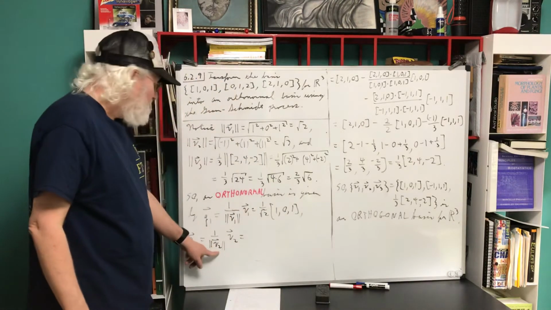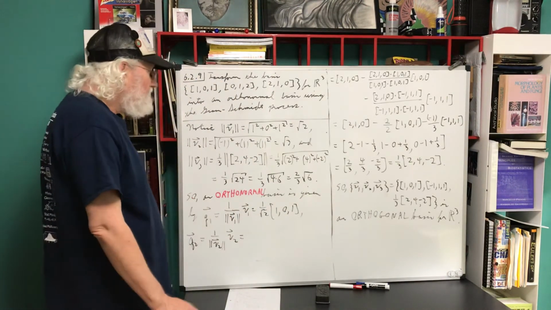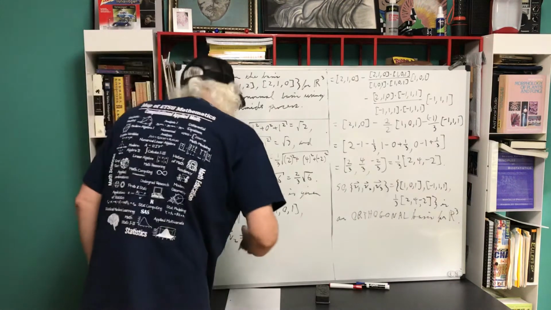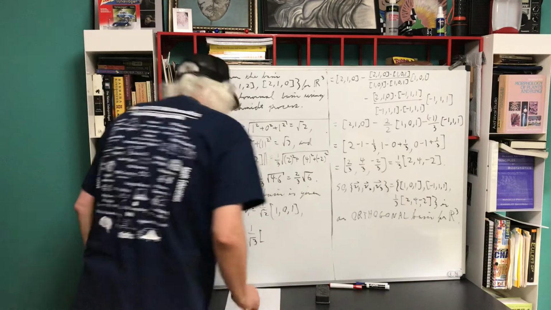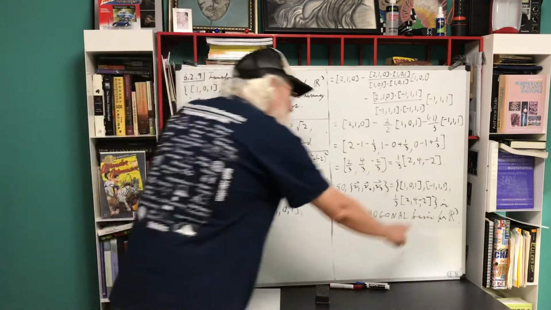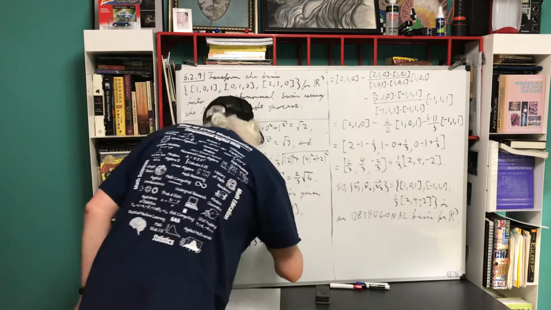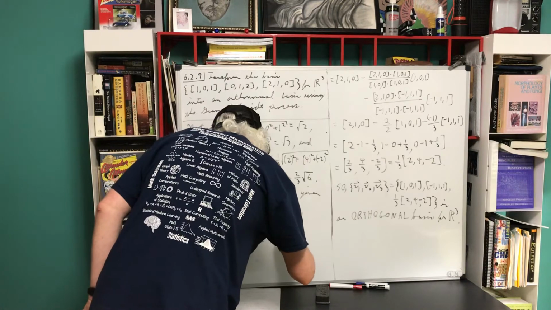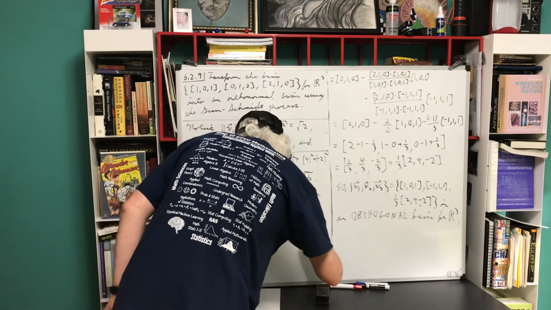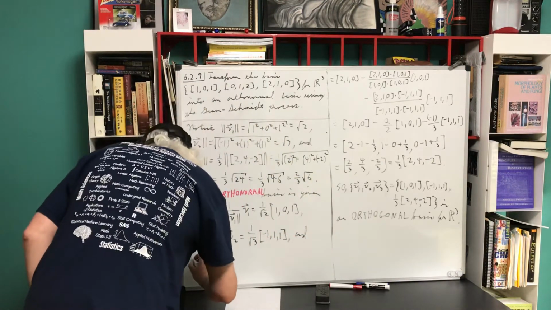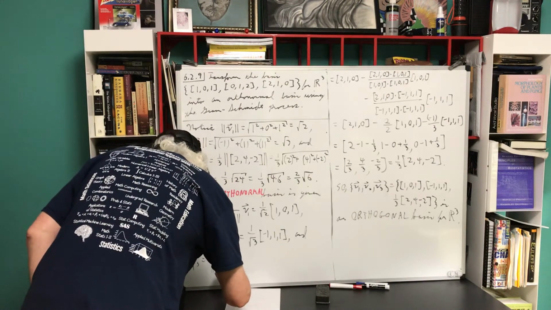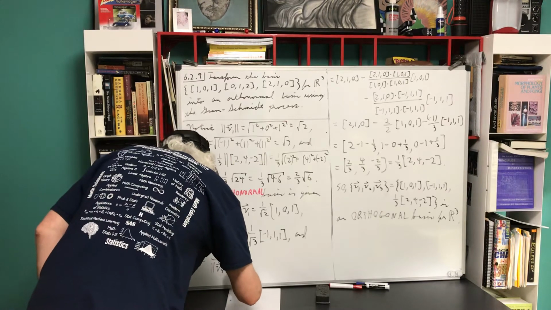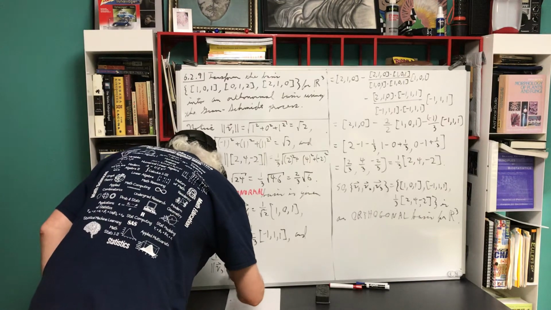That is 1 over the magnitude of v sub 2 times vector v sub 2. V sub 2 had norm square root of 3. V sub 2 was negative 1, 1, 1. And q sub 3 would be 1 over the magnitude of v sub 3 times v sub 3.